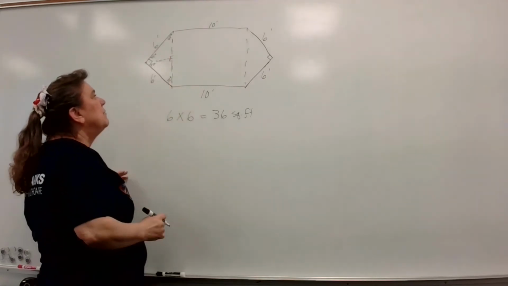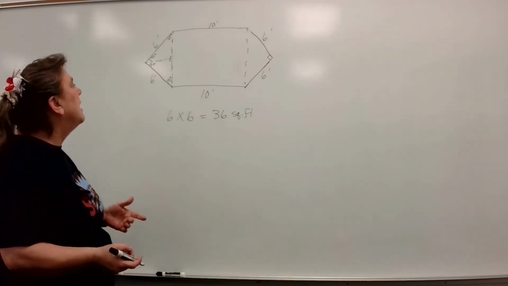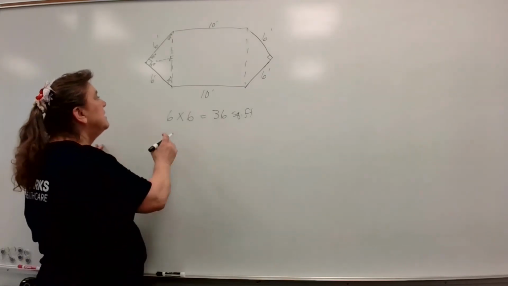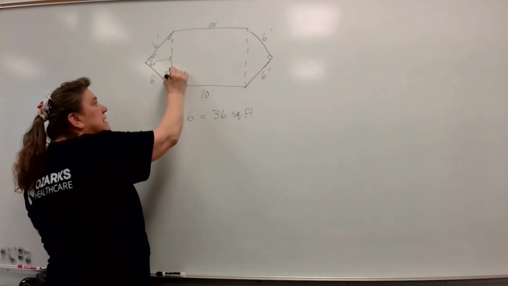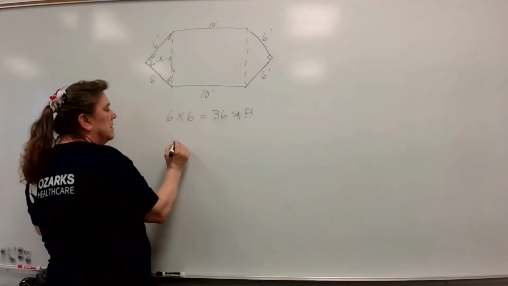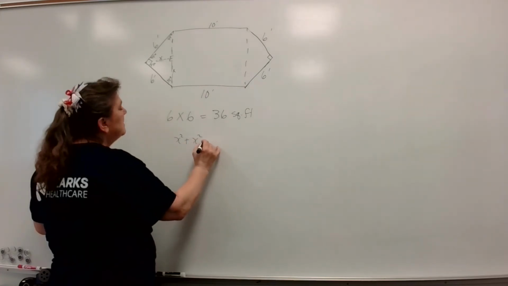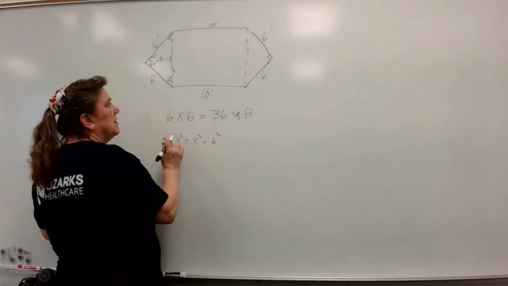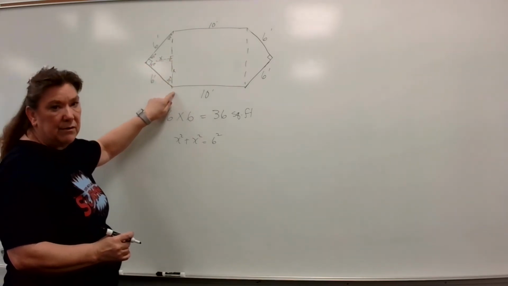So what we're dealing with is isosceles triangles on top of isosceles triangles. And if this is true, that they're isosceles triangles, this side has to equal this side. So I'm going to label these x. So x squared plus x squared has to equal 6 squared. Do you see that? This is the hypotenuse of this right triangle.